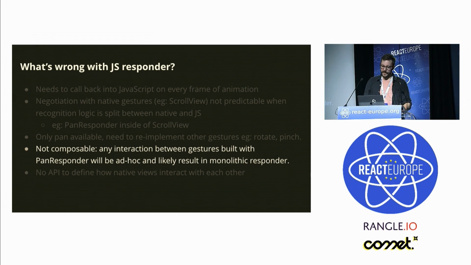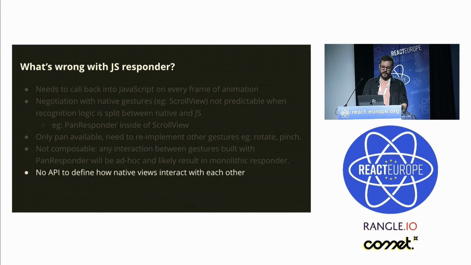We'll see more about that later, but ultimately what people end up with when they're working with Pan Responder and the JS Responder system is basically a massive component that handles various types of gestures in one place, and it's hundreds of lines of code of, okay, if this touch event happens and the position X is this, and the previous position X was this, and this thing is now whatever. It's really long, super manual, and there's no really solid way to build abstractions on it.